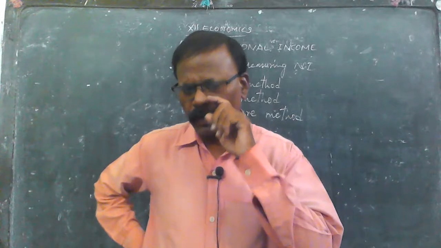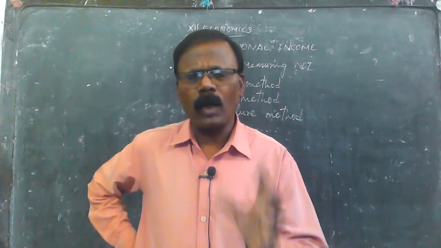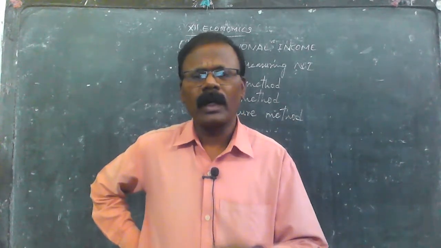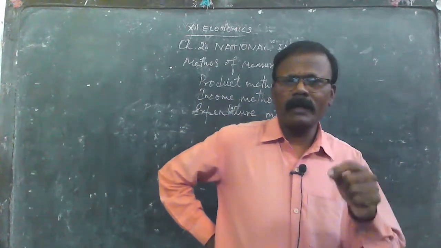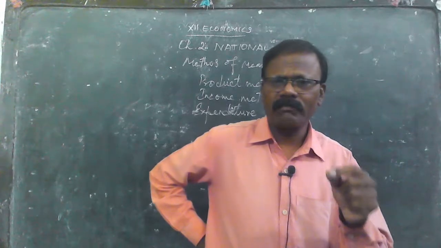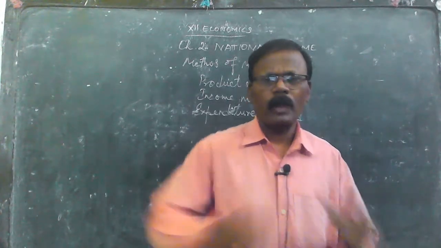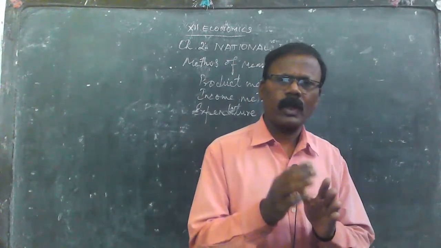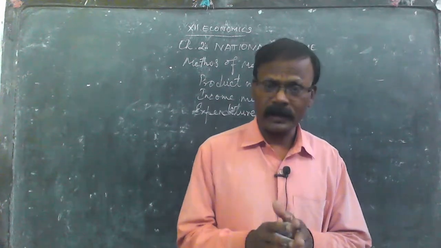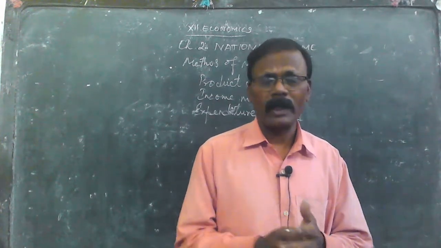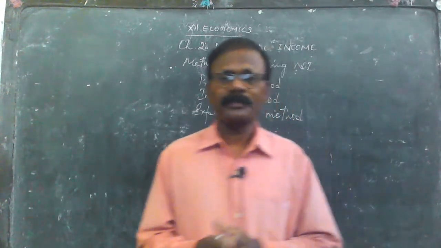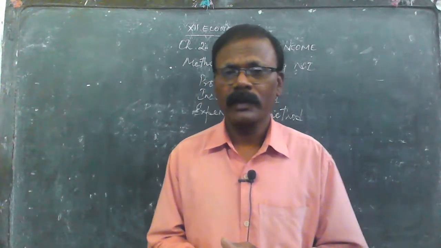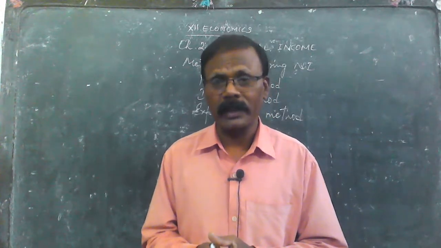And the next is, the double counting can also be avoided under this value added method. Value added method is what? The product method. Product method is also called value added method. So double counting can be avoided under this value added method.